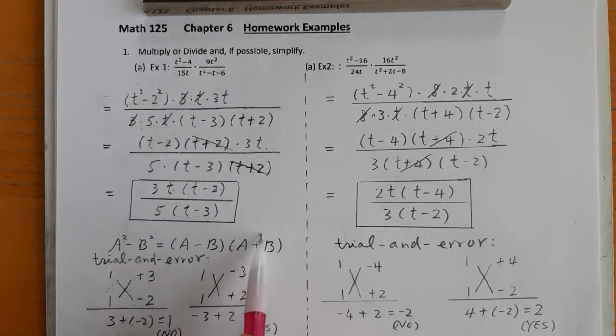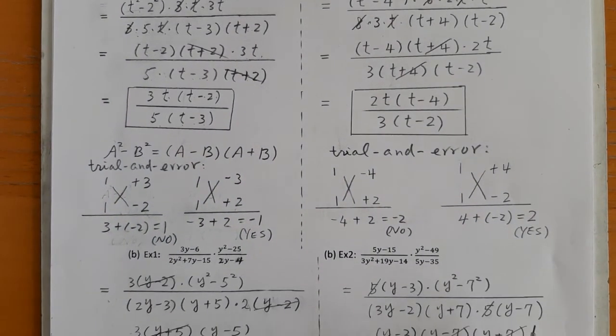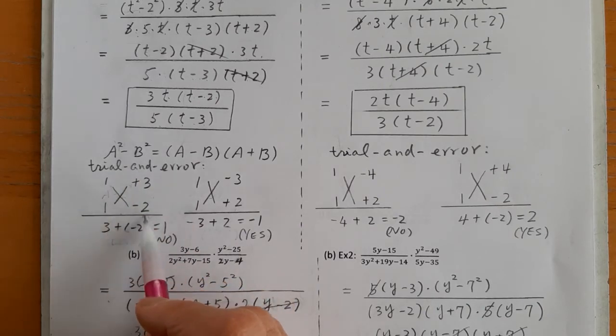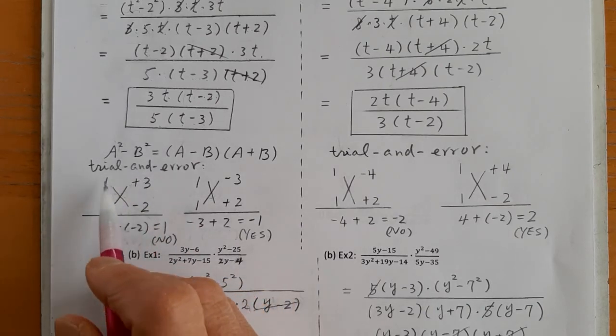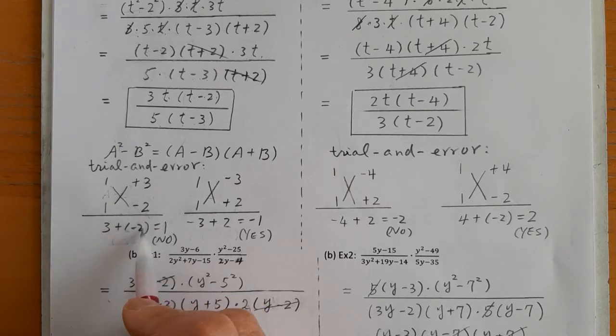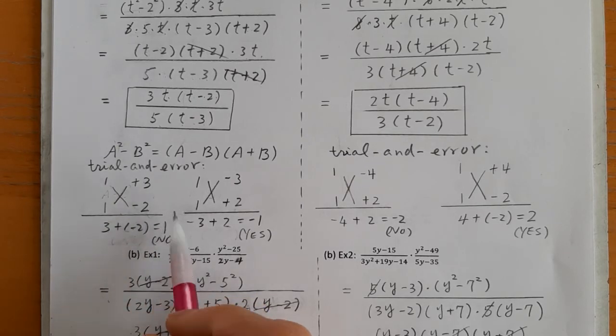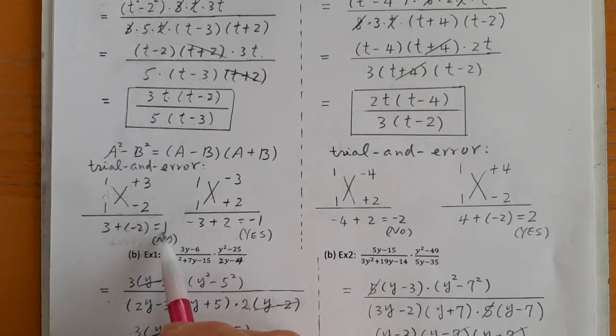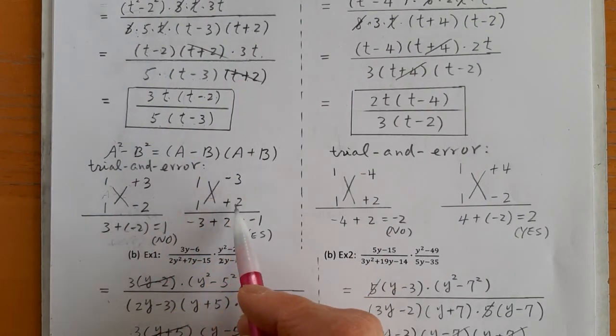Now here is the formula we use to solve this question. And here we use the trial and error method. Use 3 times 1 is 3. 1 times negative 2 is negative 2. Added together is 1. We want negative 1. So this is not what we want. But if you put negative 3 and 2, multiplied together is negative 6.